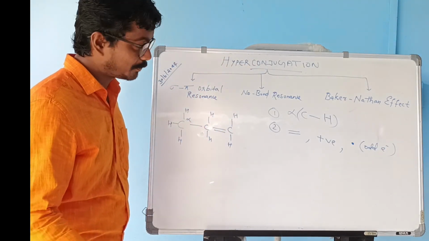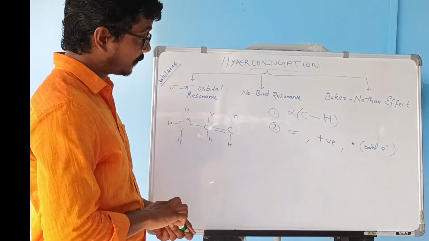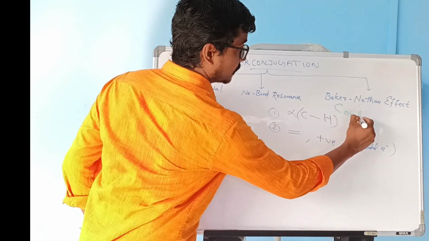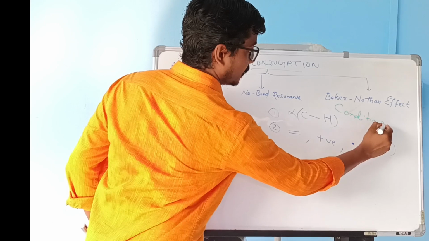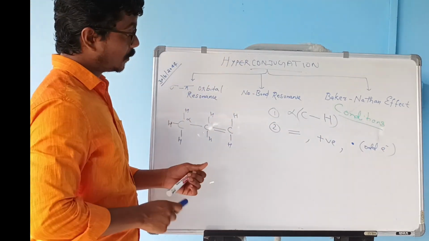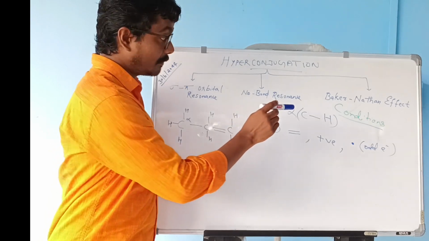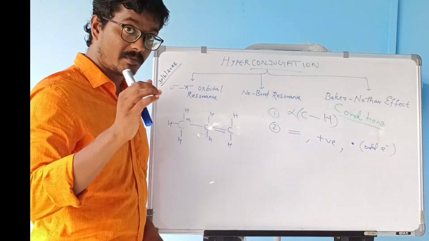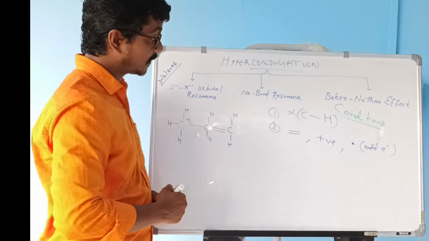Let me repeat. These are the conditions to favor hyperconjugation. The compound must contain an alpha carbon which possesses alpha hydrogen.